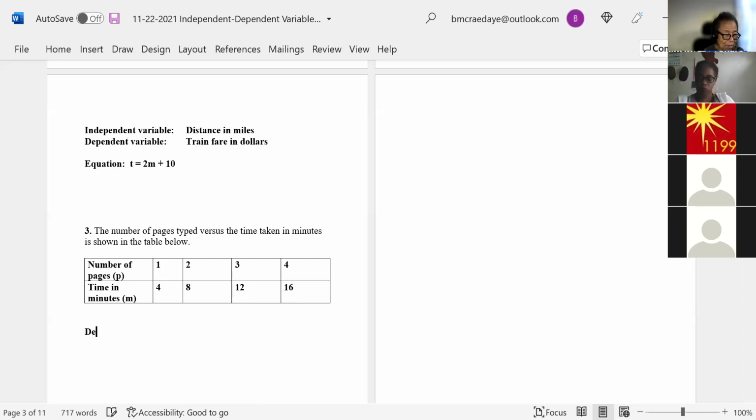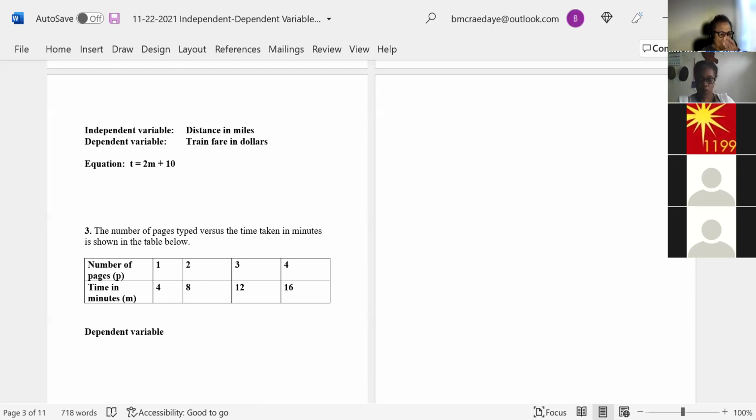Alva, what's your dependent variable? The number of pages, P, or the time in minutes, M. Which one is the dependent variable? Remember, I'm not seeing it right now.